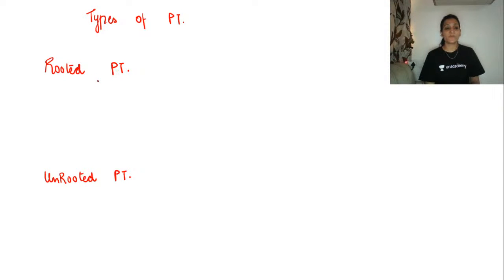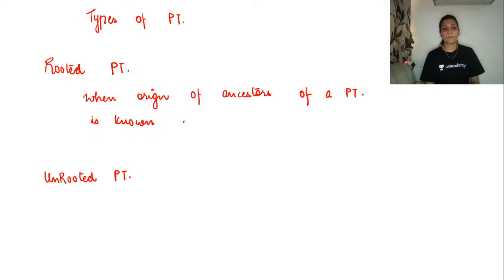So when the origin of ancestors of a phylogenetic tree is known, it is called a rooted phylogenetic tree.